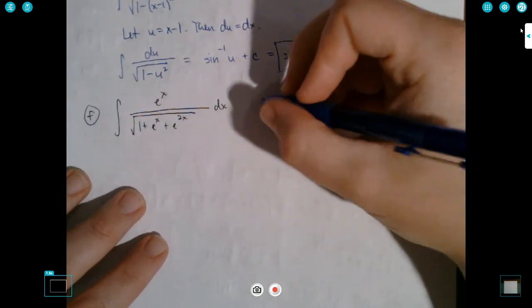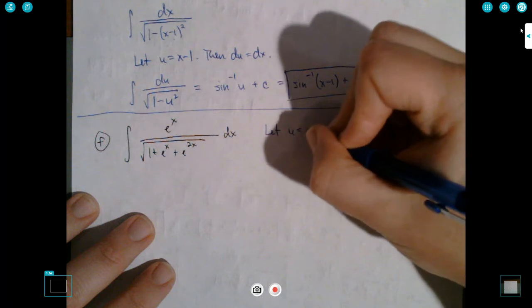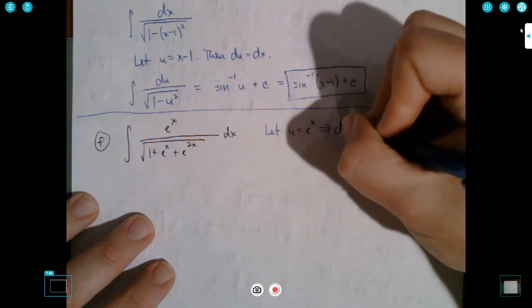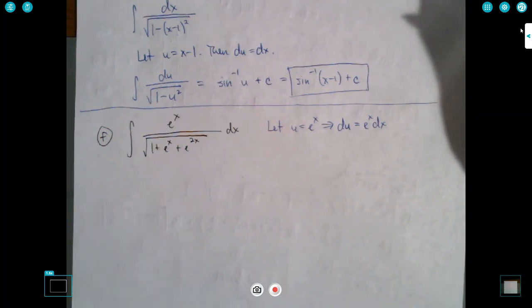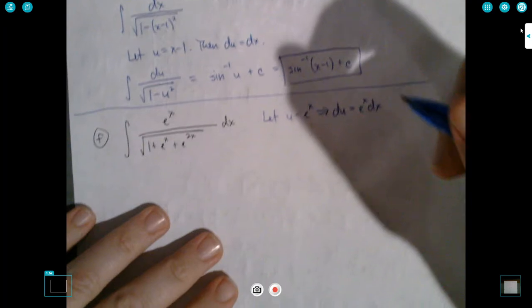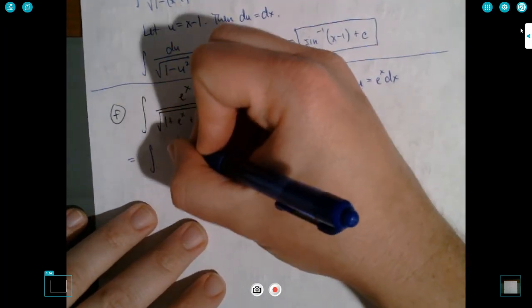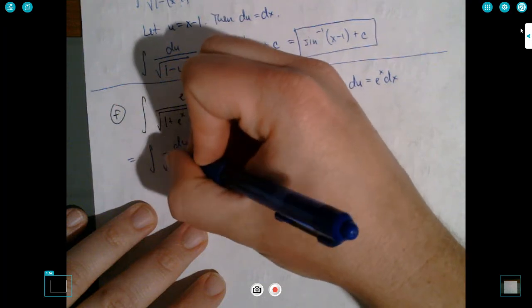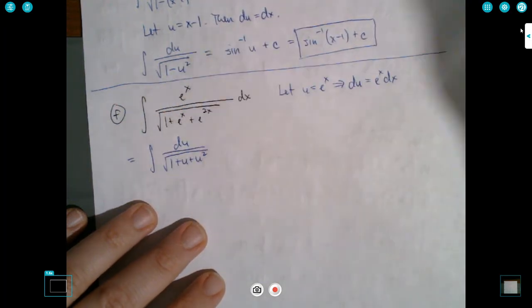I have a feeling this is going to be a long problem, so I don't have any room to spare. I'm going to cram it all in here. So let u be e to the x, then du is e to the x dx. Making the replacements, I can replace e to the x dx with du. And so this integral is going to become du over square root of 1 plus u plus u squared.